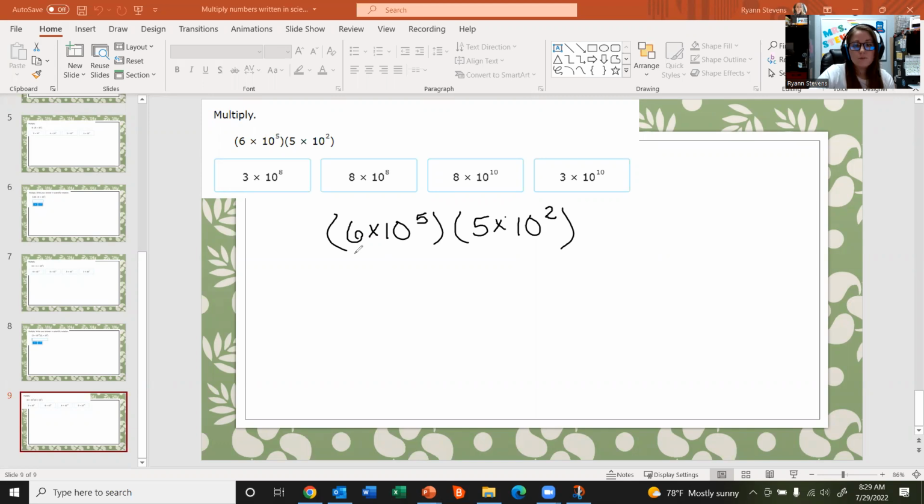So we're going to regroup these just like we did the last one, where we're going to group these factors together. And then we're going to group the powers of 10 together. So what it's going to look like is 6 times 5. And then we would have 10 to the 5th power times 10 to the 2nd power.